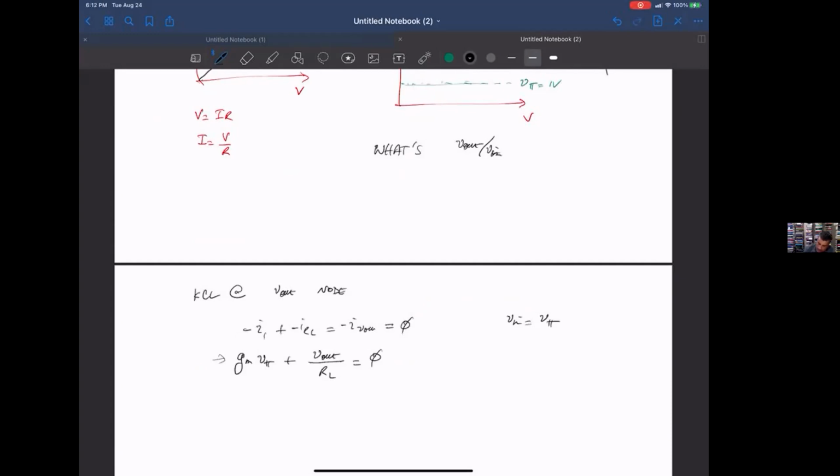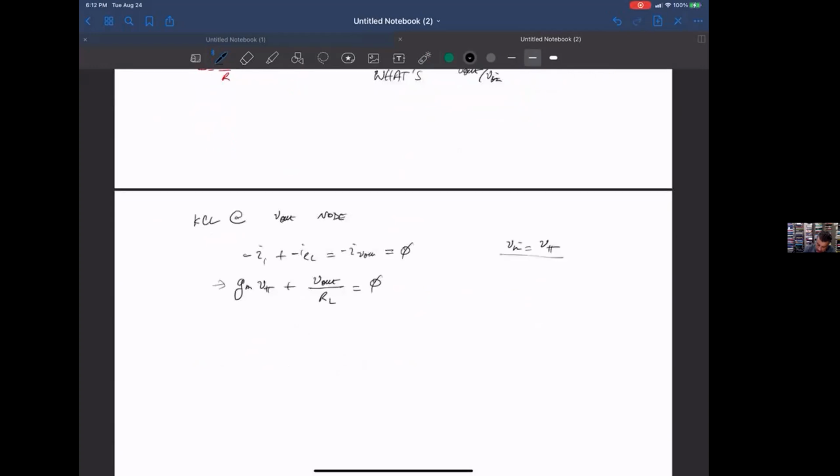Okay, so I'm going to plug in this Vn into this v sub pi. Once we have negatives everywhere, I'll just make it all positive again so that we don't have to carry the negative. So this ends up being G sub m, V sub n plus V out over R sub L is equal to 0.